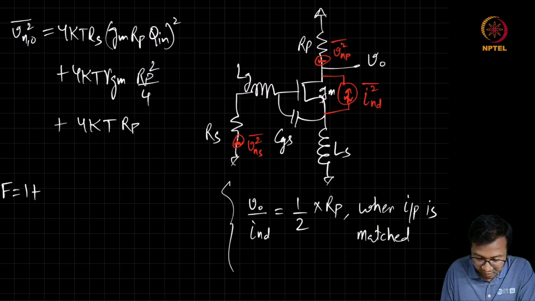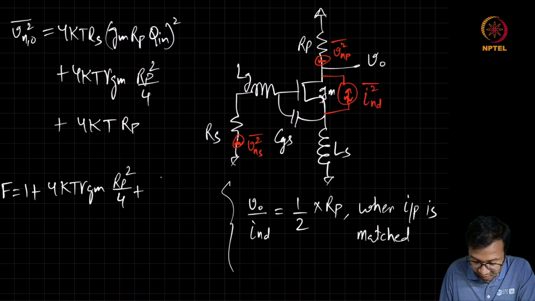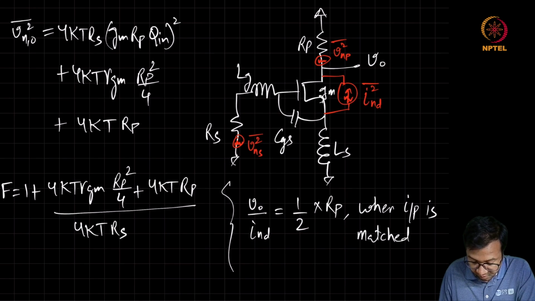This is 1 plus 4 kT gamma GM RP square by 4 plus 4 kT RP divided by 4 kT RS into GM RP Q in square.